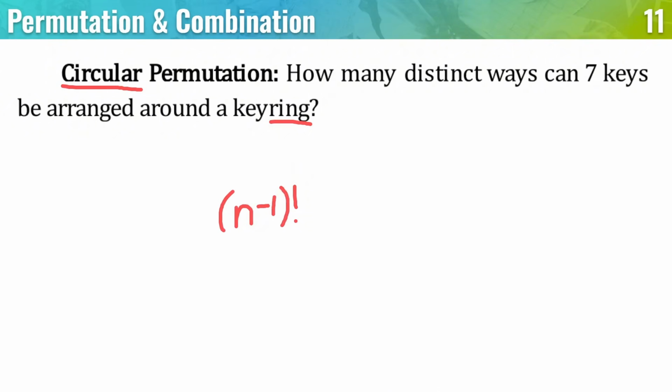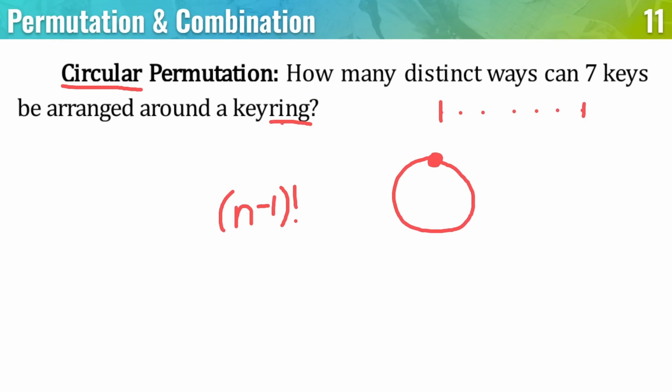The reason this is like this is for the 7 keys to be arranged around the keyring, one of them has to be the basis. So you need to know where is the start of the permutation. Because, for example, with the linear permutations earlier, if you have 7 keys just in a line, you have a defined start and end point.